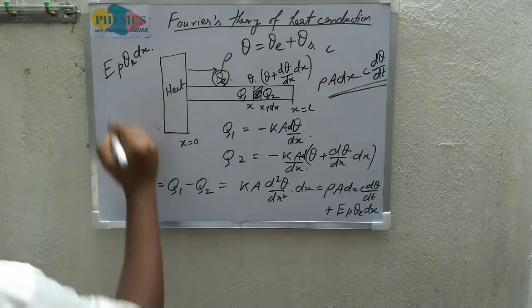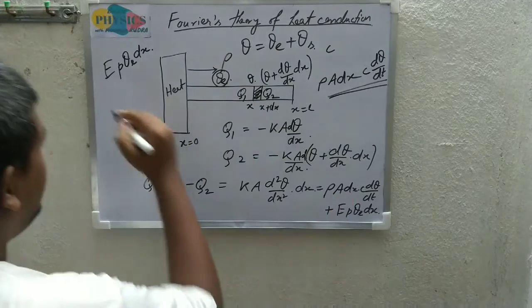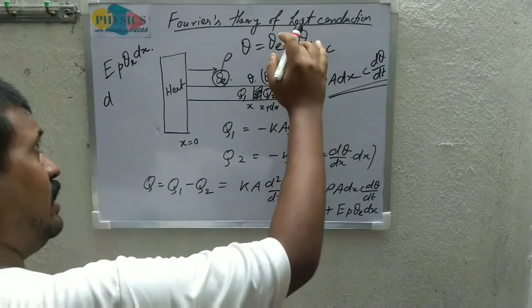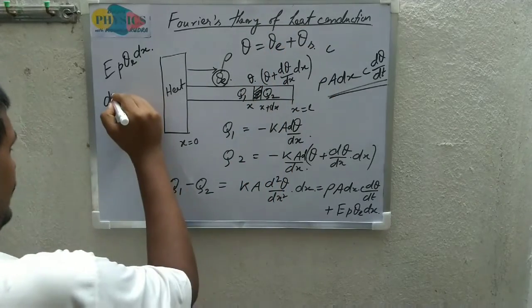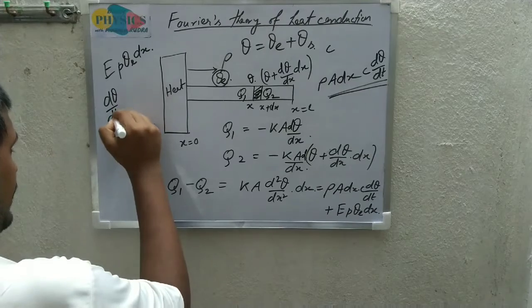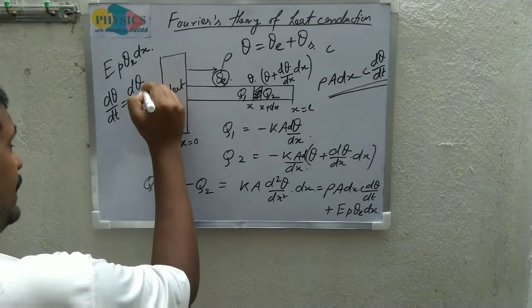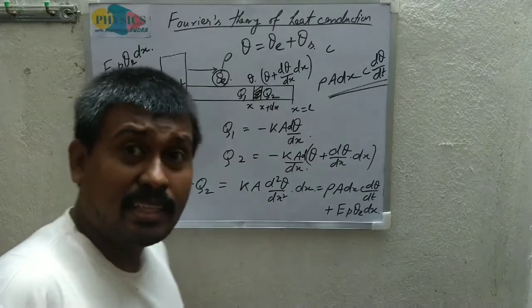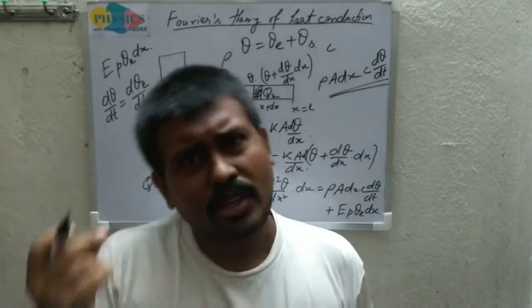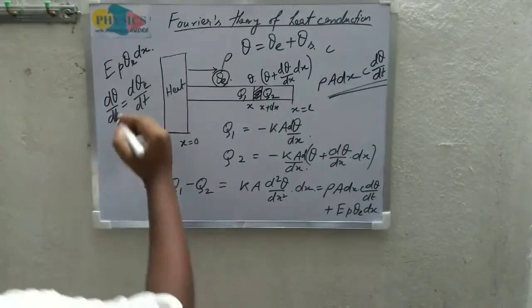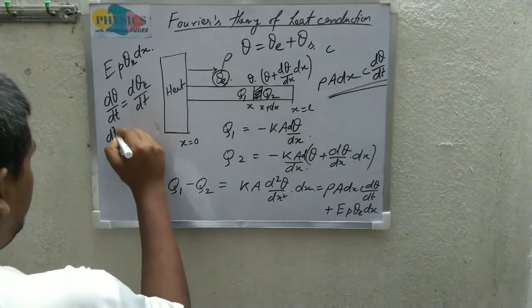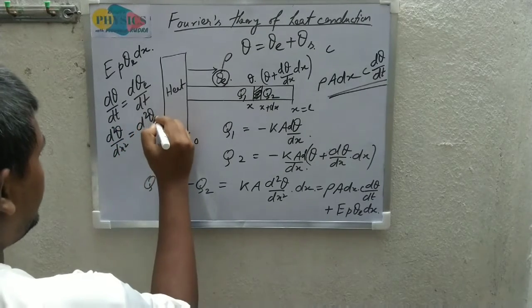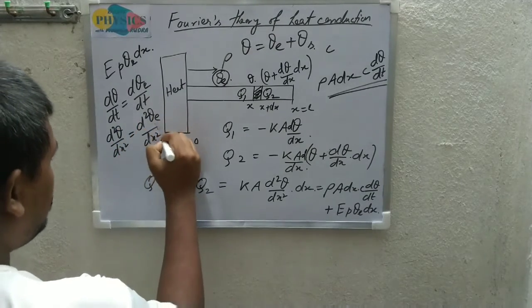Now we know that theta equals theta E, the excess temperature, plus theta S. Then d theta by dt equals d theta E by dt, because theta S, the surrounding temperature, always remains constant. Then d2 theta by dx2 is also d2 theta E by dx2.